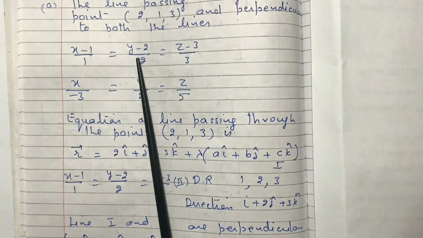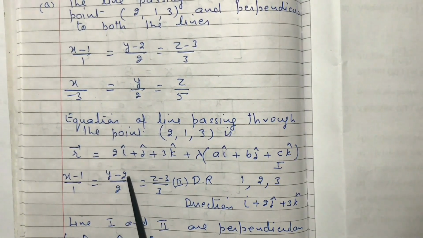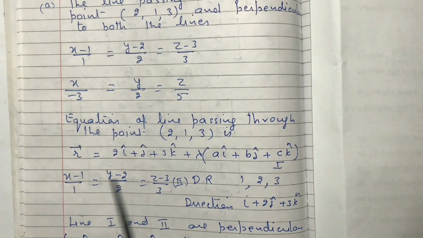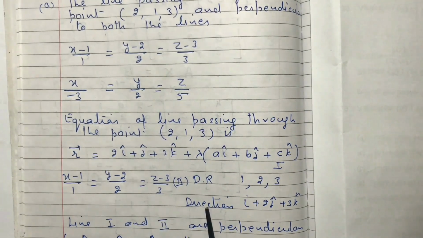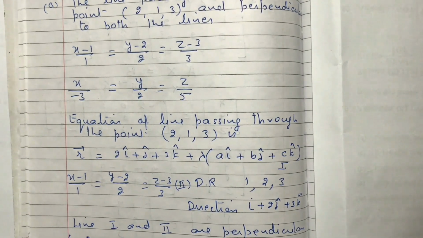Now let me take this line, that is x minus 1 upon 1 is equal to y minus 2 upon 2 is equal to z minus 3 upon 3. Here direction ratios are 1, 2 and 3. It means direction is i cap plus 2j cap plus 3k cap.